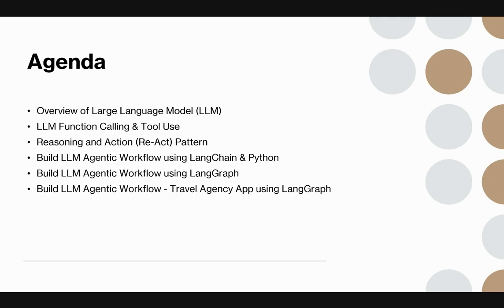However, there's an extension to build workflows using LangGraph. The goal is for us to understand the different components in LangGraph and how they are used to build applications. Once we understand the components of LangGraph, we will then work on the travel agency app and use LangGraph to build it.